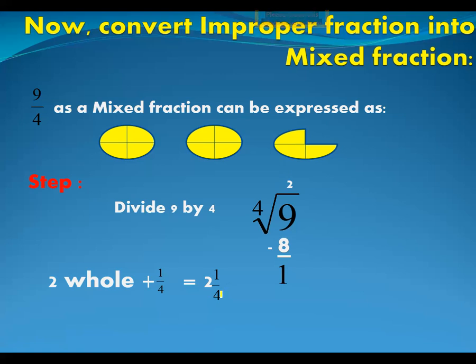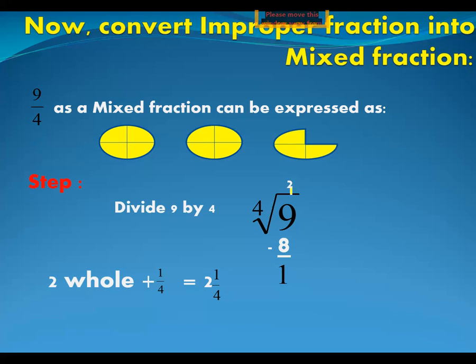Again, I'm going to repeat the positions of the numbers so that you can understand it more easily. Whatever your remainder is will become your numerator. I have written 1 on its numerator placement. Then denominator will never change. So whatever your denominator was in the improper fraction, it will remain the same in your mixed fraction as well. It means 4 will be on its previous placement.